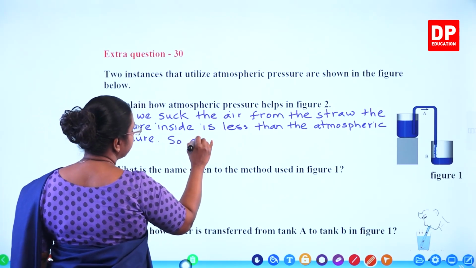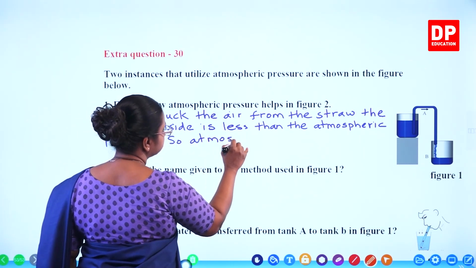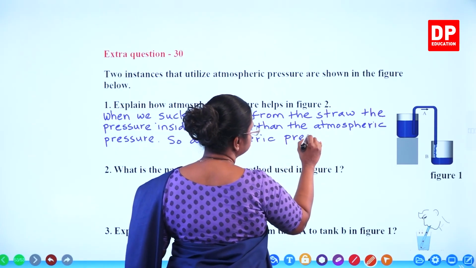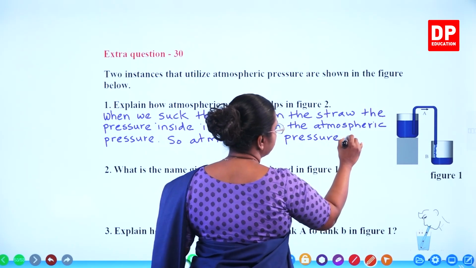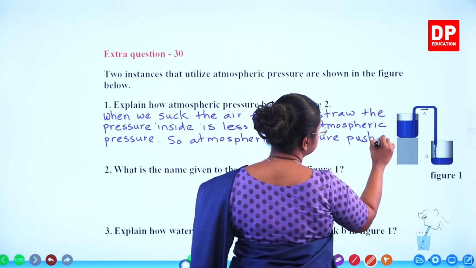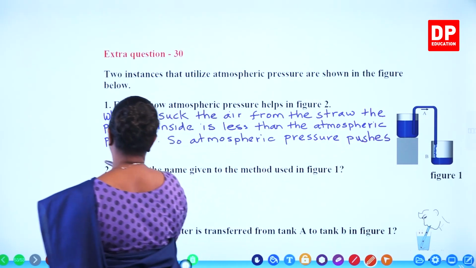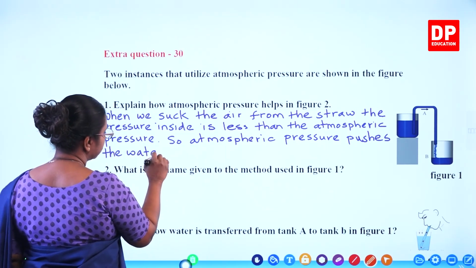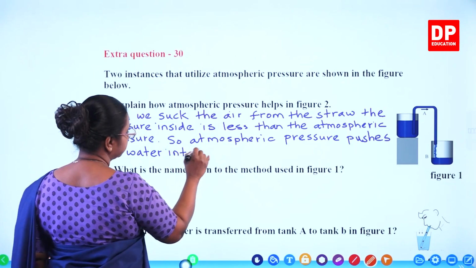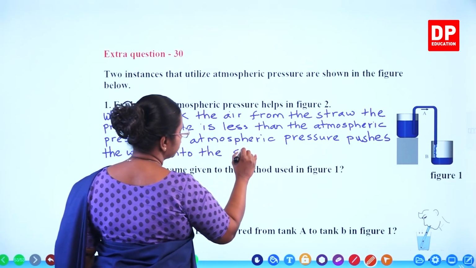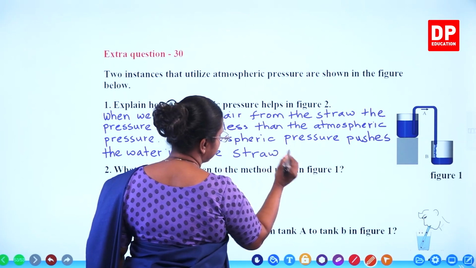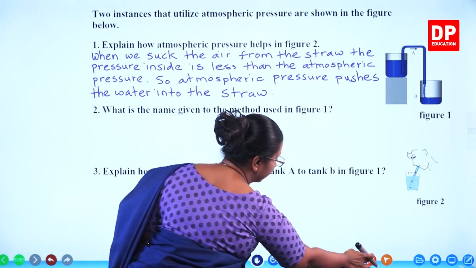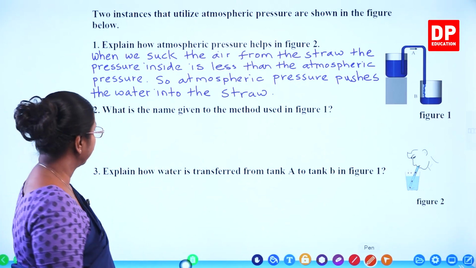So, atmospheric pressure pushes the water into the straw. That is how it helps us to drink water, or for that matter any liquid drink.